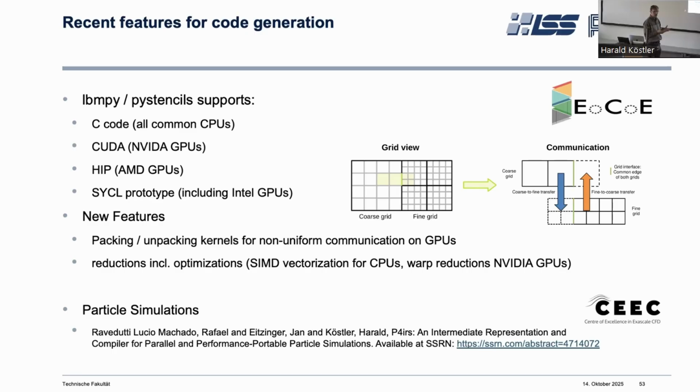If you want to add support for special kernels for non-uniform communication on a GPU, you have to implement it in the code generator. That is the effort it takes. But once it is implemented, we will be able to run it, for example, on different GPUs, or maybe also using a SYCL backend and run it on other platforms.